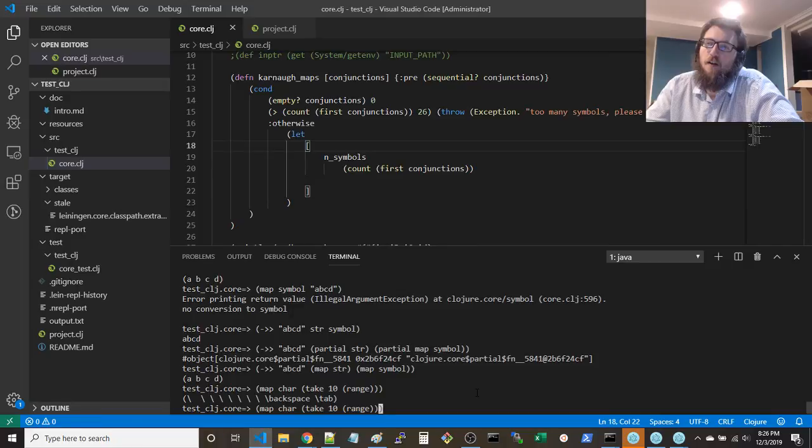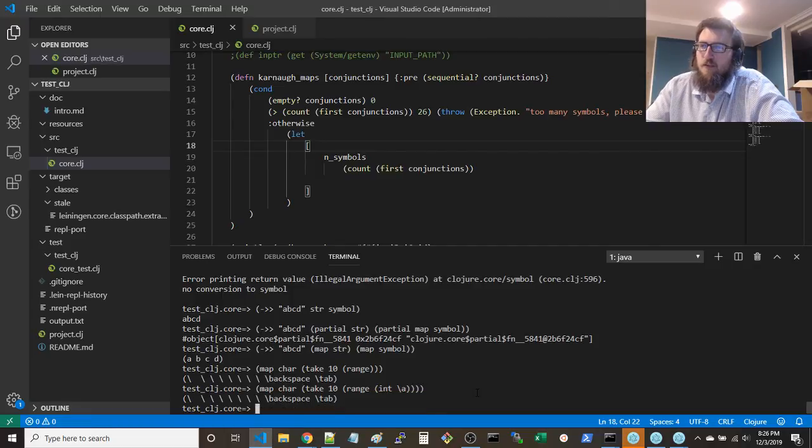Range beginning at int of, I guess it'd be A.